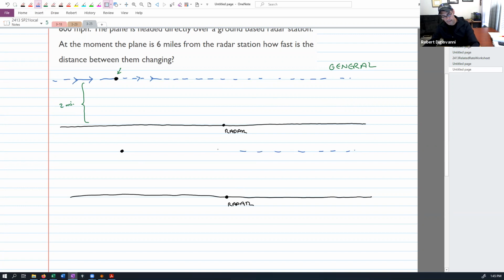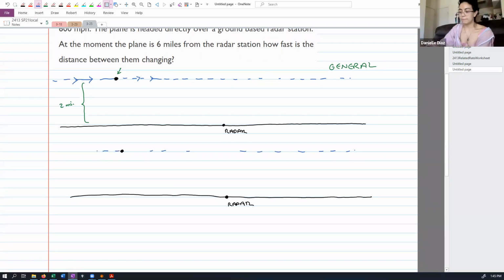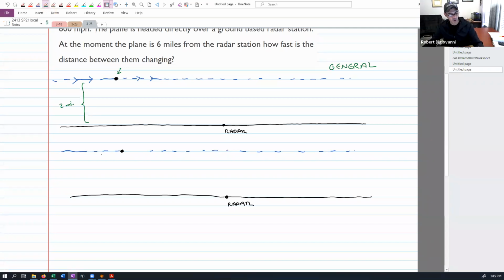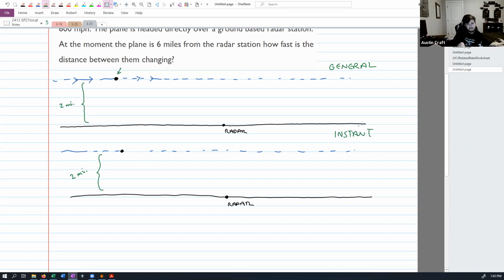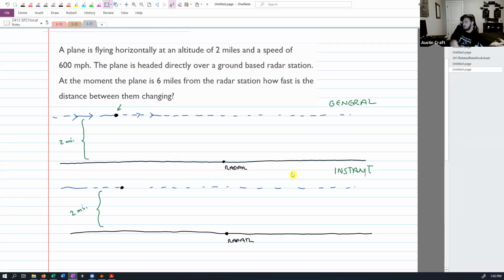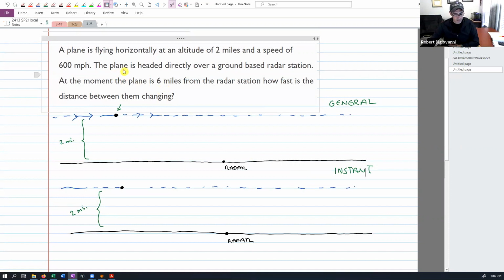We might need a triangle, but we want to have an appropriate motivation to draw a triangle if we're going to do it. So the only difference between the general picture and the exact instant in time picture is that here it says the plane is headed directly over a ground-based radar station.